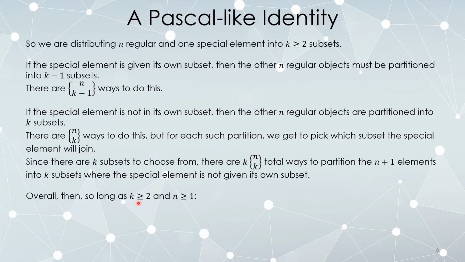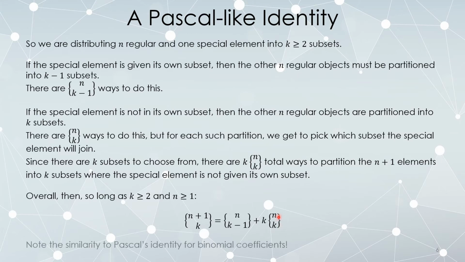As long as the number of subsets is at least 2 and the number of objects is at least 1, we can either distribute the special element into its own subset and then the n elements that are not special into k minus 1 subsets, or we can distribute the n regular objects into k non-empty subsets and then pick which of those k subsets gets the special element. So overall, this Stirling number, n plus 1 over k, is the sum of the Stirling number of the second kind, n over k minus 1, plus k times the Stirling number of the second kind, n over k.